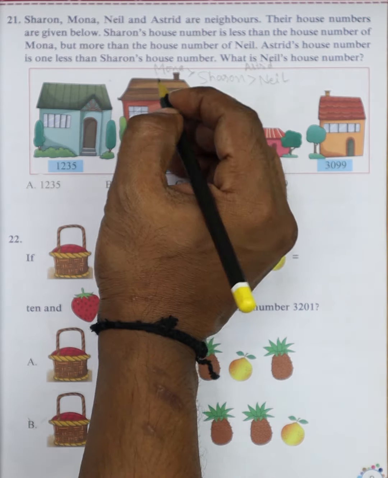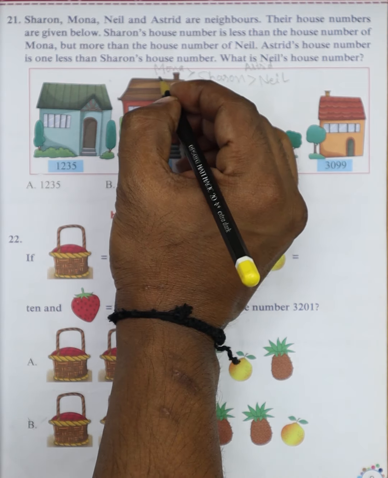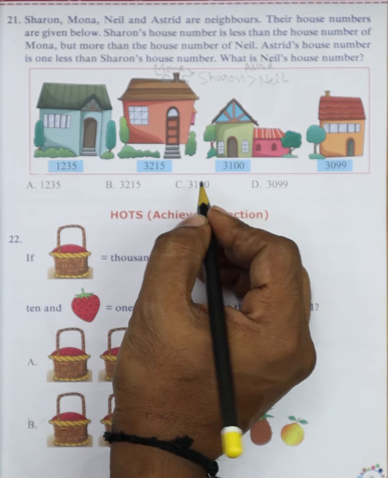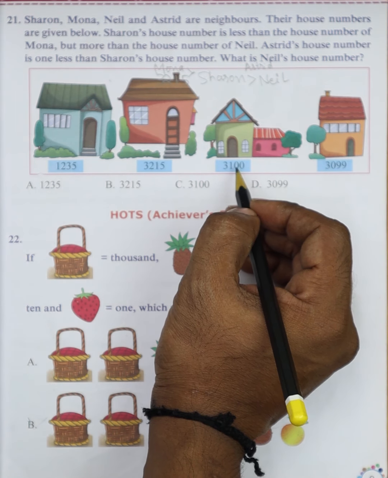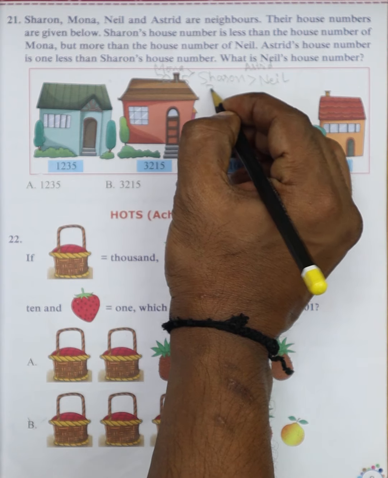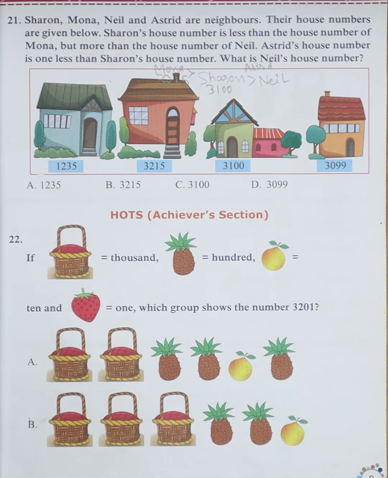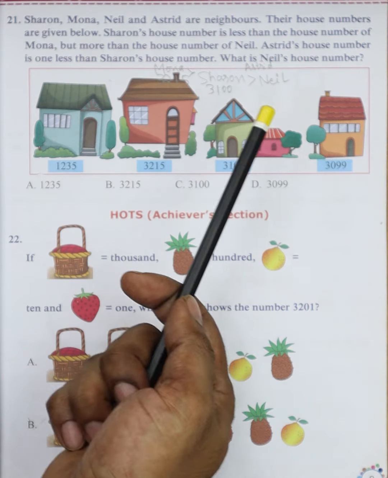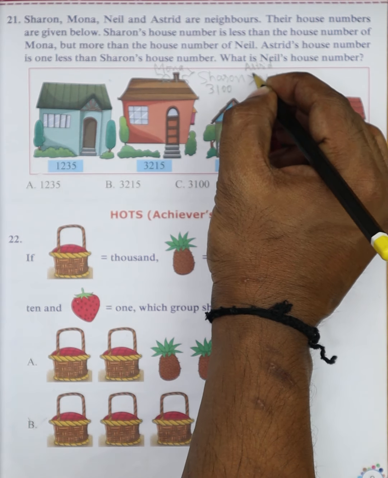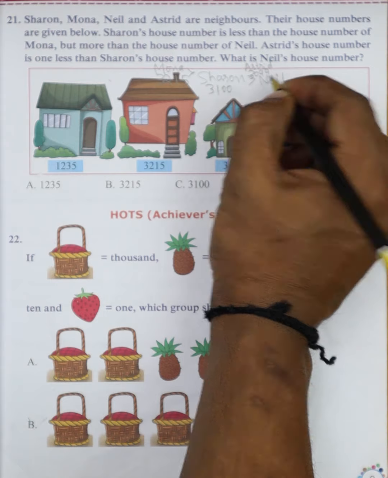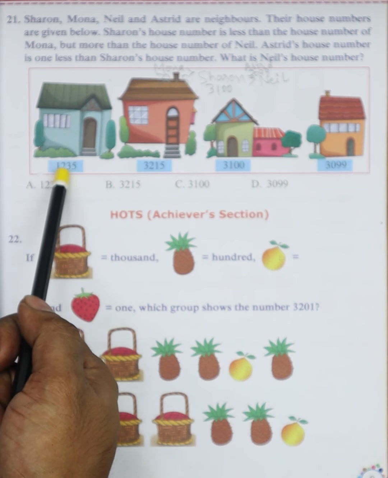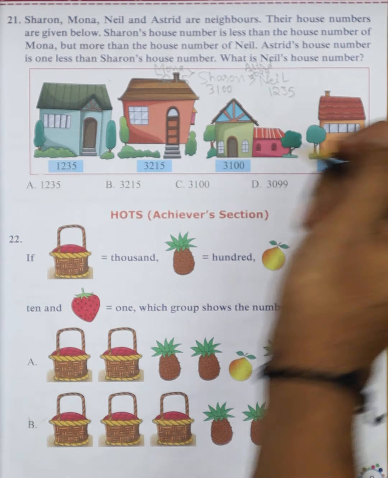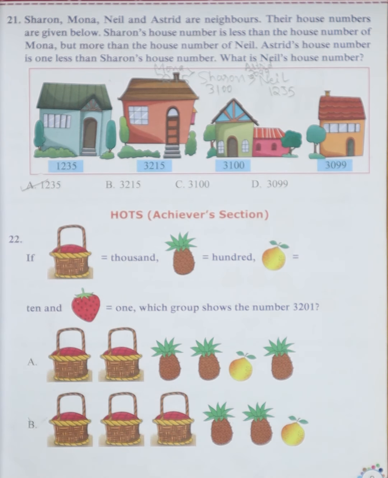Mona's house number is the largest, so that should be 3215. Sharon's is in second place, so that should be 3100. Astrid's house number is 1 less than Sharon's, so that should be 3099. And Neil's house number should be the lowest one, which is 1235. So the answer should be 1235.